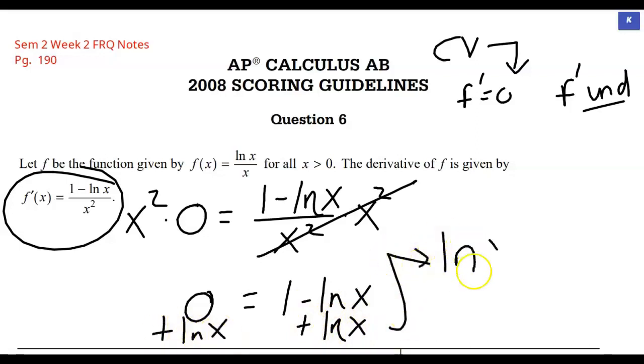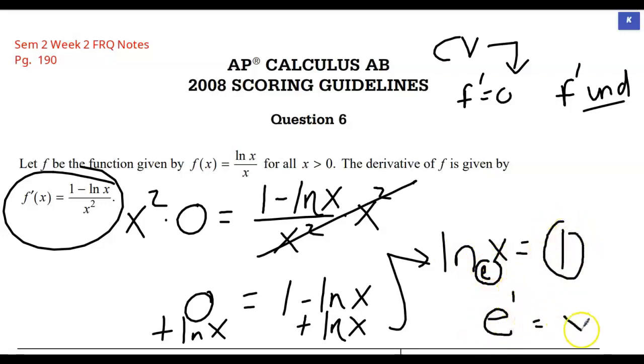So now I've got ln of x equals 1. Now this is where some pre-calculus knowledge can come in handy. An ln is a base of e, and you could rewrite a log as an exponential function where you say e to this power equals x. And so the answer is e.